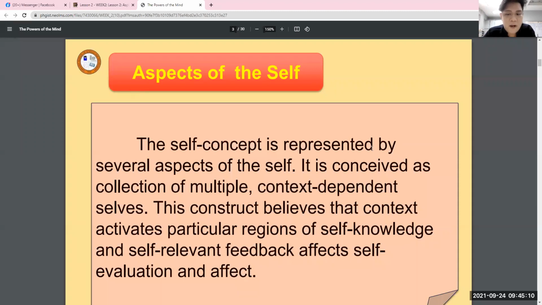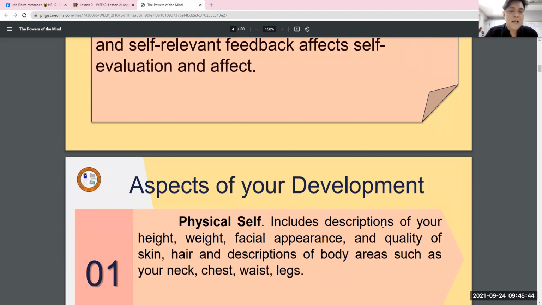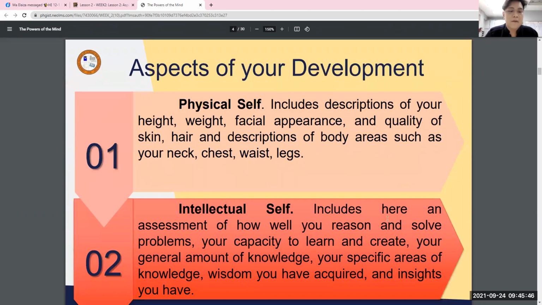This construct believes that context activates particular regions of self-knowledge, self-relevant feedback, self-evaluation, and affect. That is what forms our self-concept. So what we know, what we understand in life, and the relevant feedback about your self-characteristics may affect your whole self.